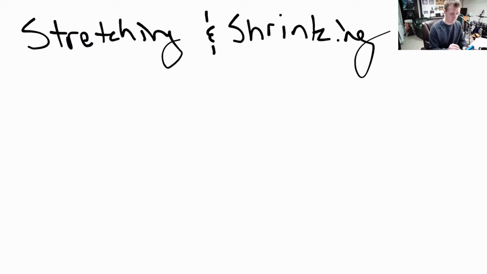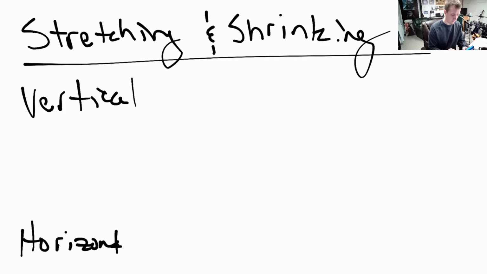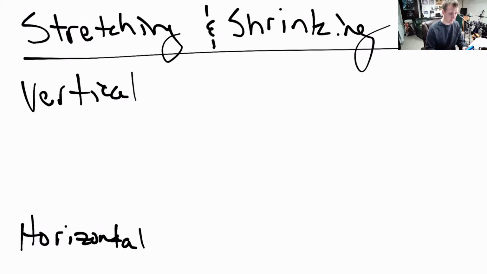And there's two categories to this. There's vertical, and then there's horizontal. And I'm not going to belabor this point too much, because I think the vertical one makes a lot of sense. So we will remember that a graph's output is represented by f of x.